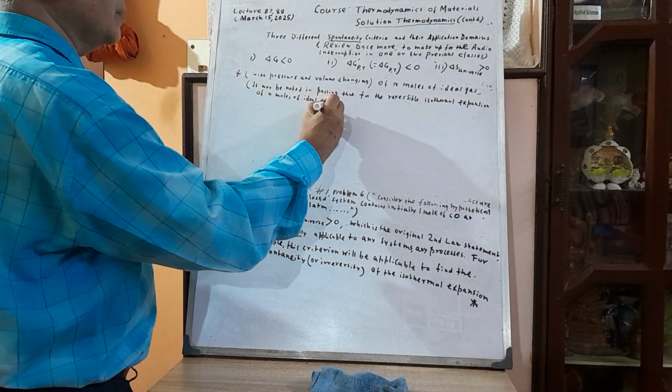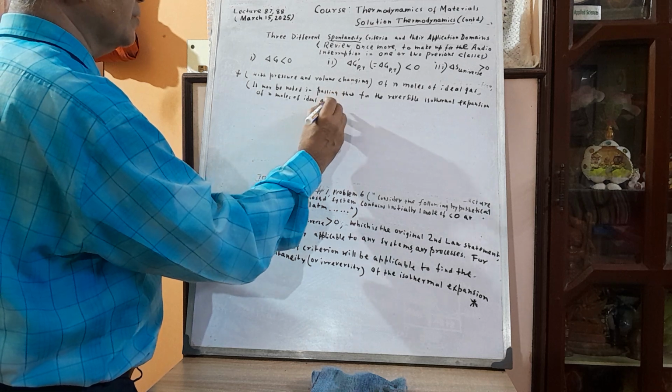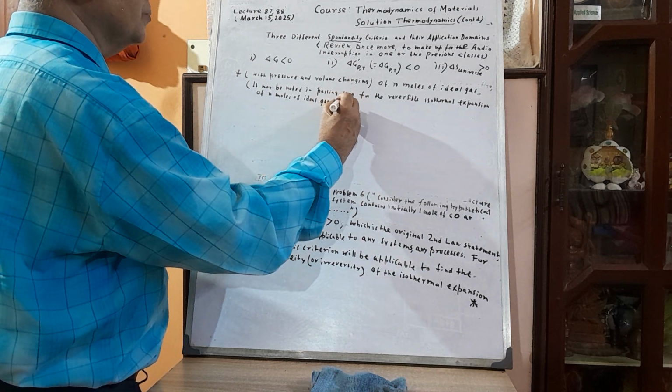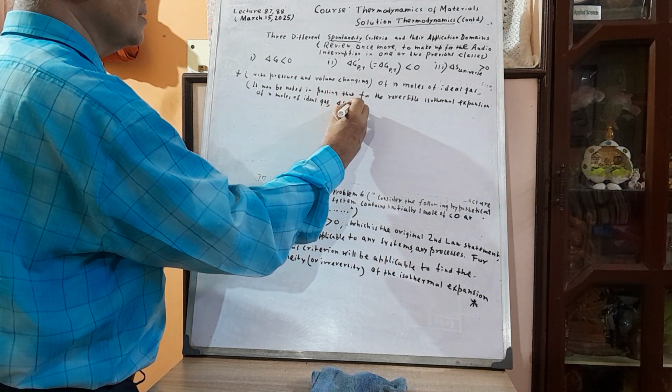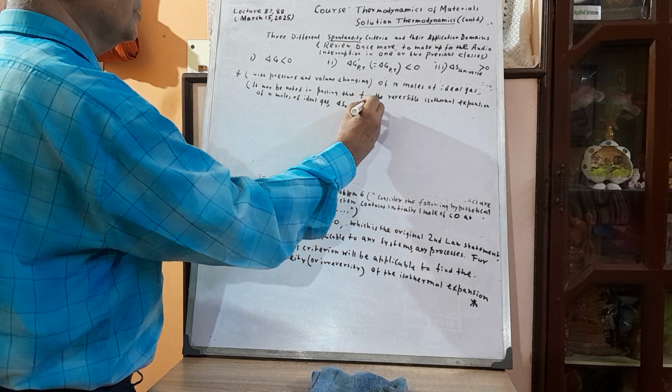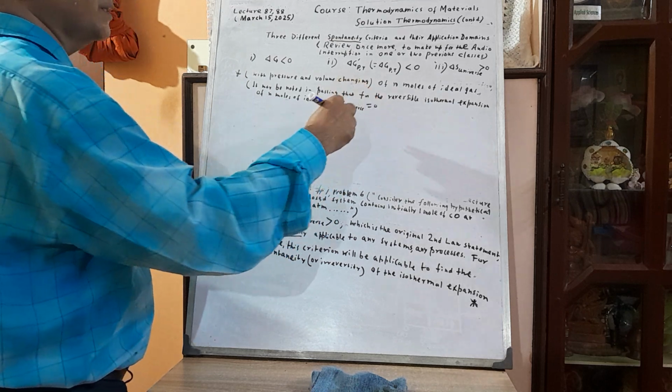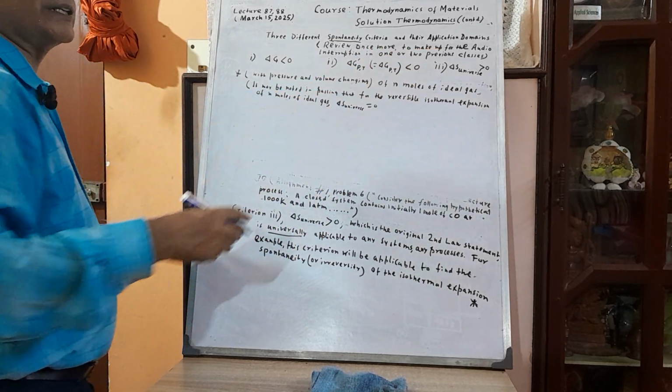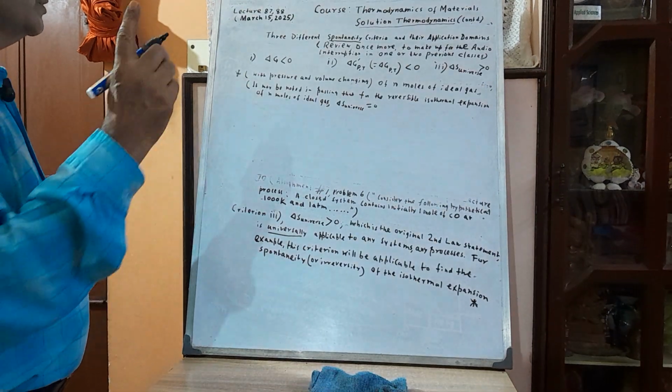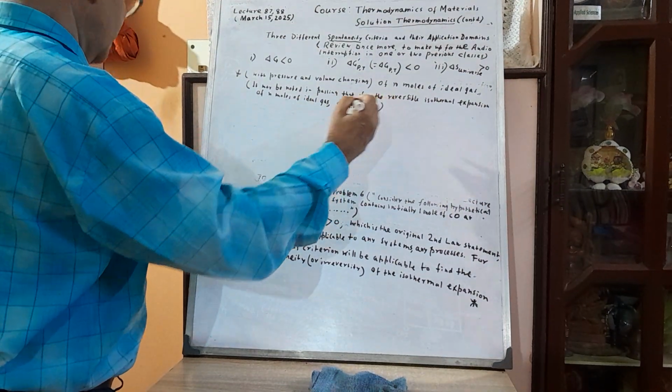What is the delta S universe? Will it be greater than 0 this time? No, this will be 0. One is equal to 0, another is greater than 0, and when it is less than 0, it is impossible. Remember all these things.